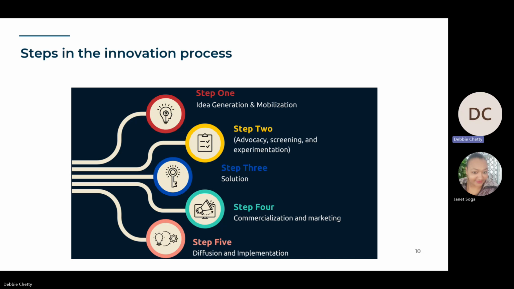Step three is solution or experimentation. So this stage tests the sustainability of ideas for an organization at a specific time. With the solution or experimentation, it helps to generate new ideas with the information that is gathered on the results and feasibility of the original idea, right?